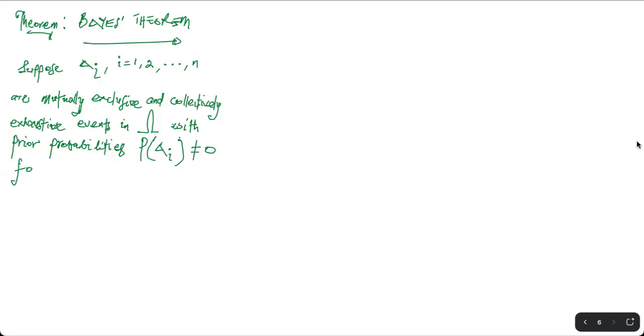So all the probabilities of the various partitions are non-zero. So you realize that the preamble or the statement is along the lines of total probability. In fact, after I'm done with the statement, you would realize that the Bayes theorem is derived from the total probability principle.